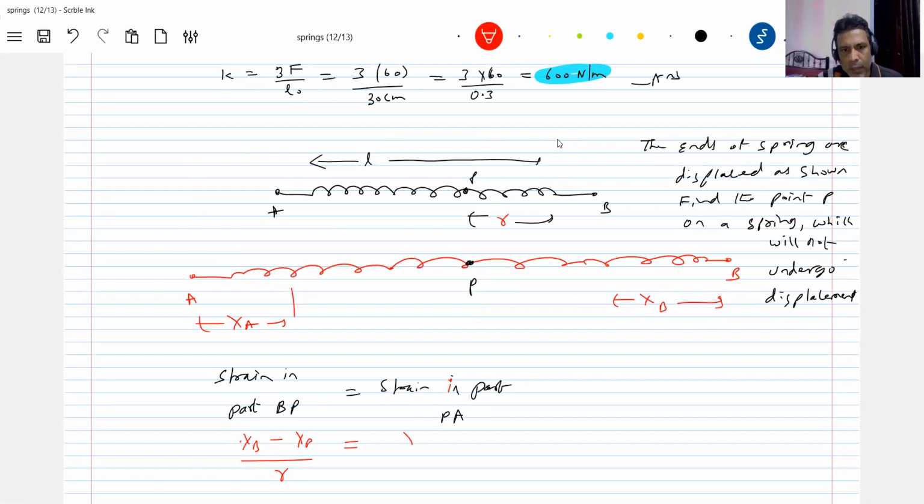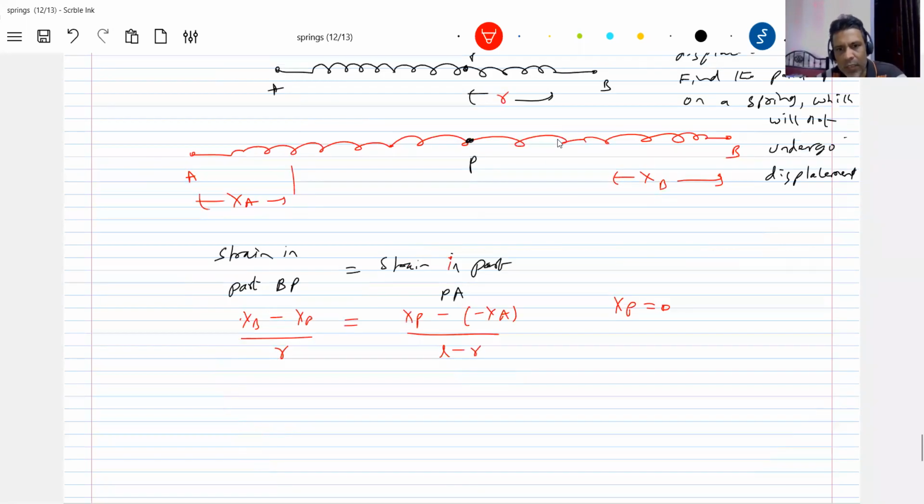This should be equal to XP minus XA by L minus R. We know what the XP value should be. XP should be 0, no? Why 0? Because the question itself has given it. So this should be XB by R equal to XA by L minus R. So we have to solve: L minus R by R equal to XA by XB.